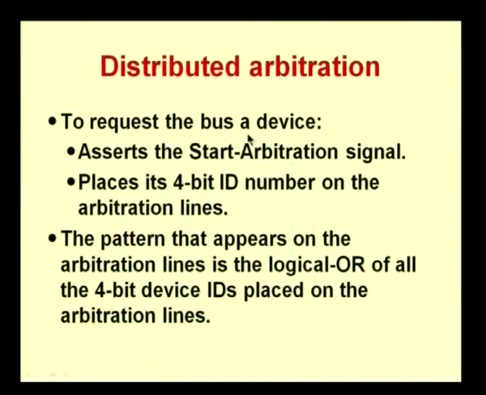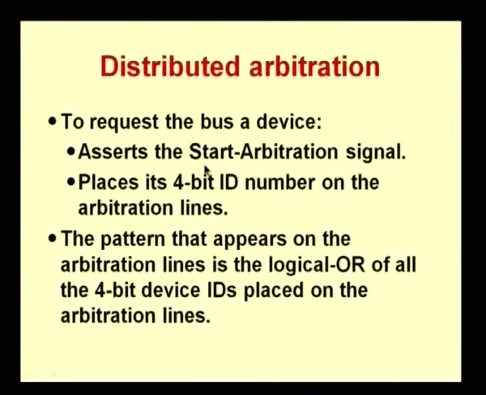To request the bus, what does a device do? The device will assert the start arbitration signal, indicating that it wants to start the arbitration process, and then place its 4-bit ID number on the arbitration lines. We said that every device has a unique ID number.